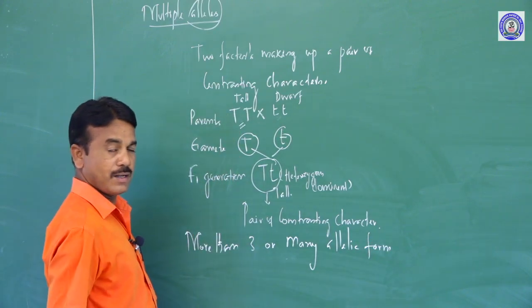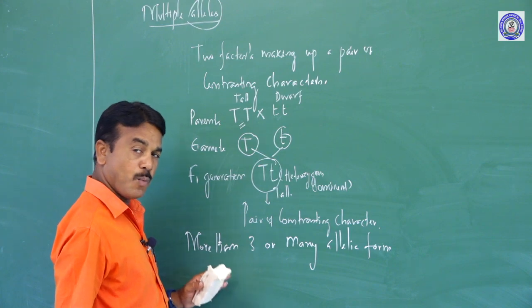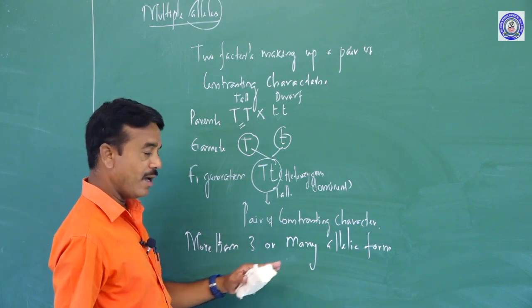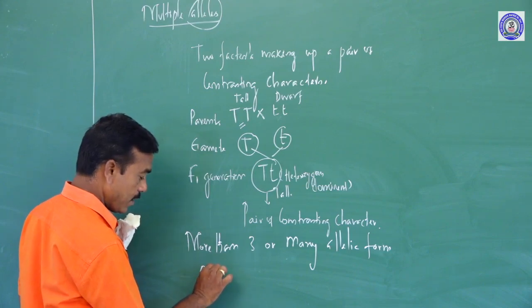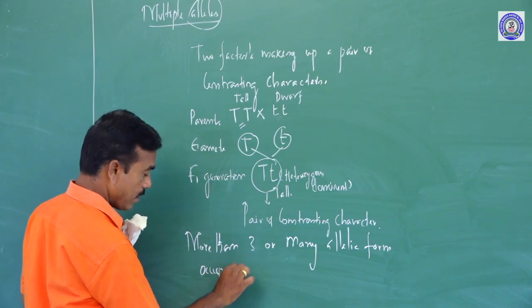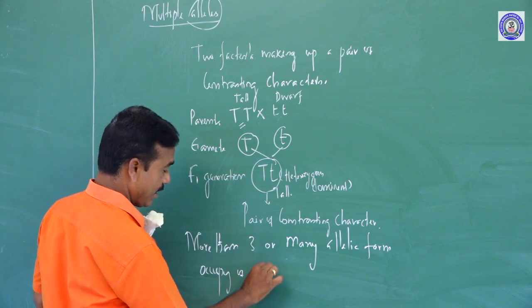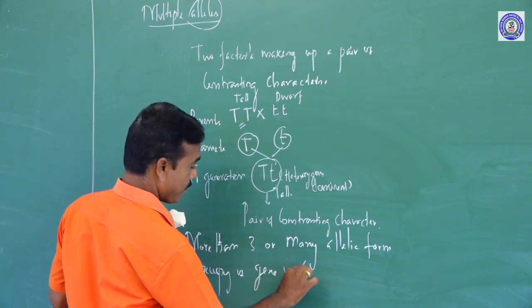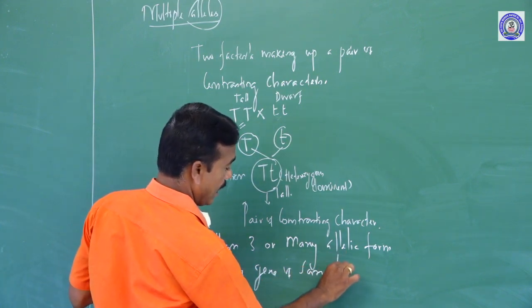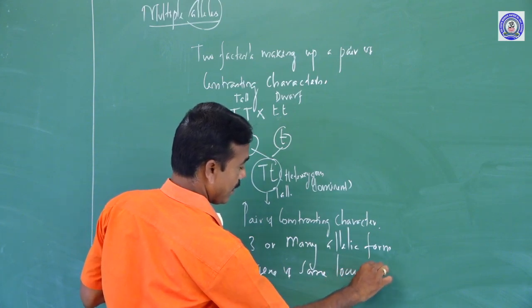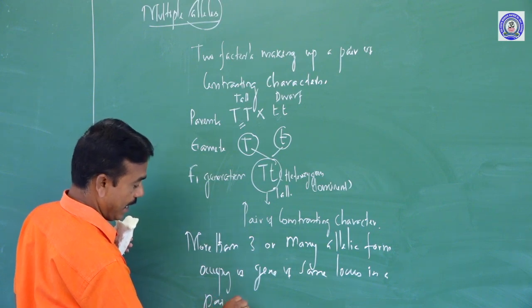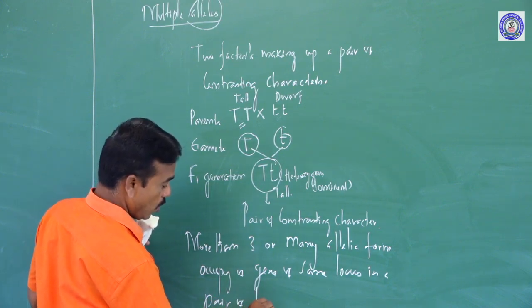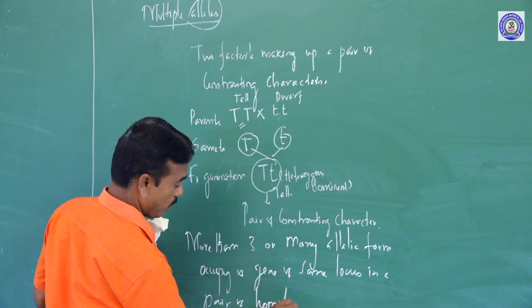Definition: three or more allelic forms occupy the gene of the same locus in a pair of homologous chromosomes.